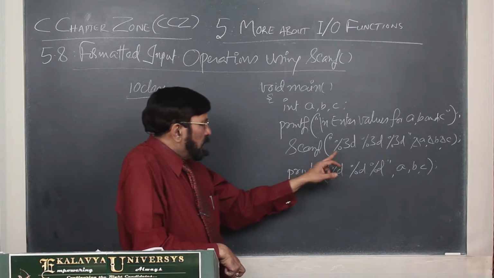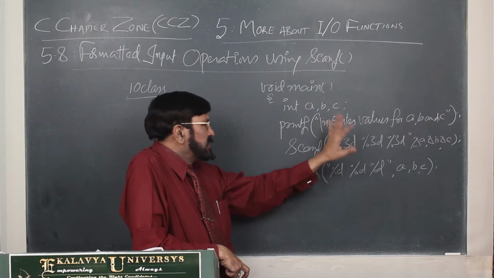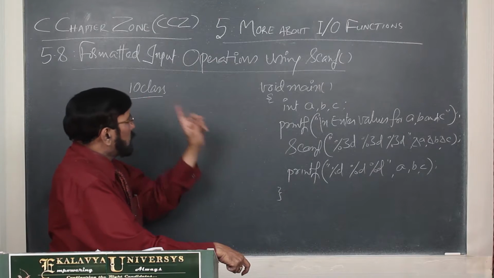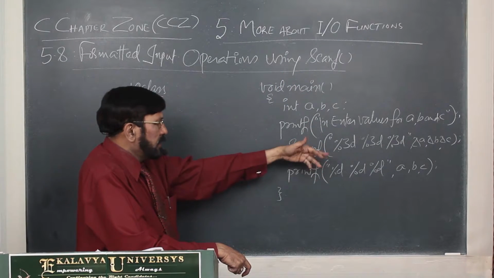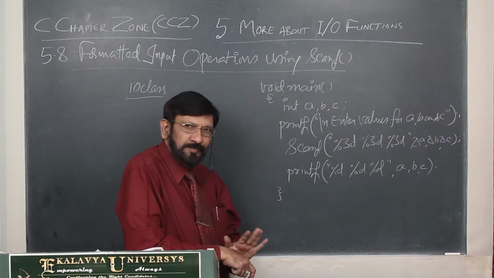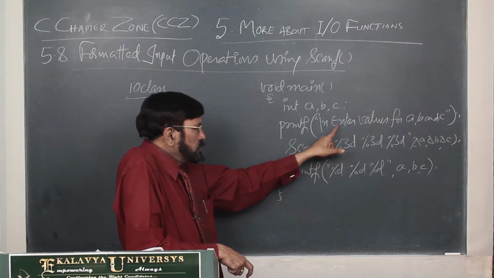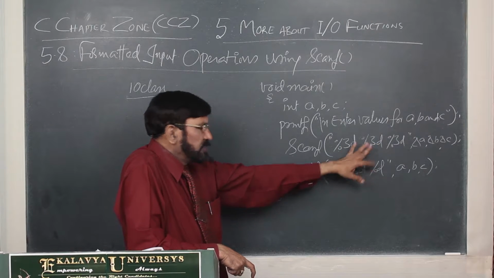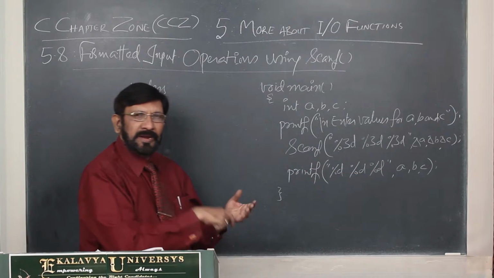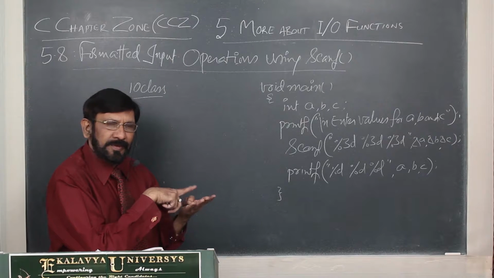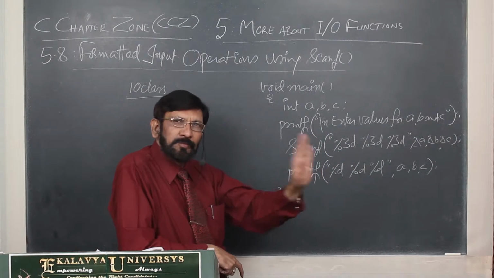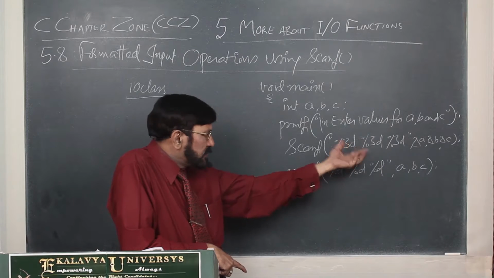Here I am reading 3 integer values. We are talking about formatting of input data of integer values in this program. Now you see the width specifier: for A, B, C, I am using 3. That means we can enter either 1 digit, 2 digits or 3 digits, never more than 3.